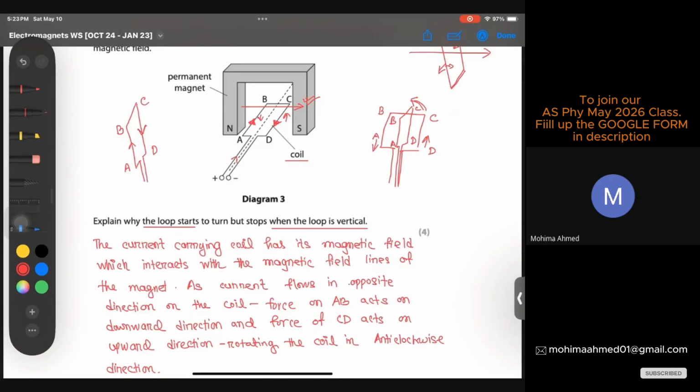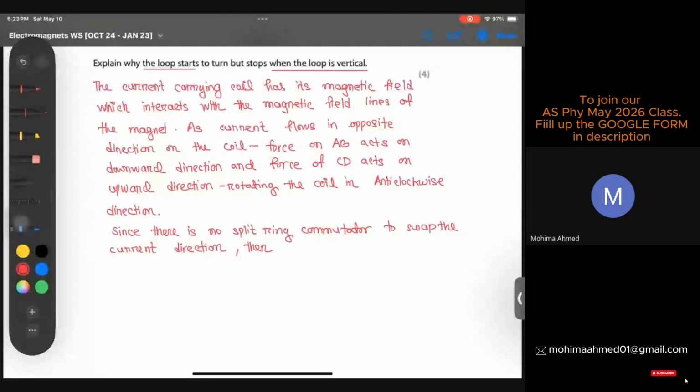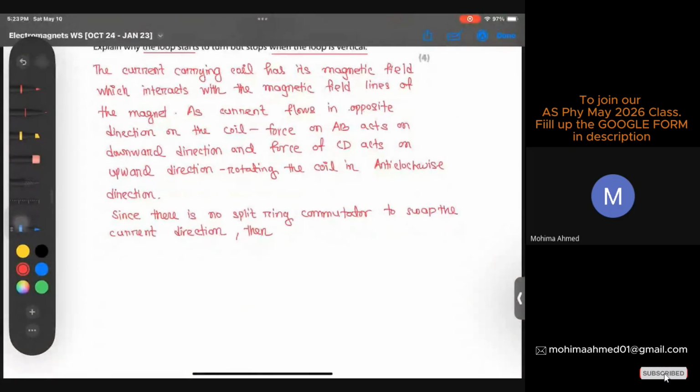and eventually the coil will not rotate at all. So we can see the split ring commutator is there to swap the current direction.